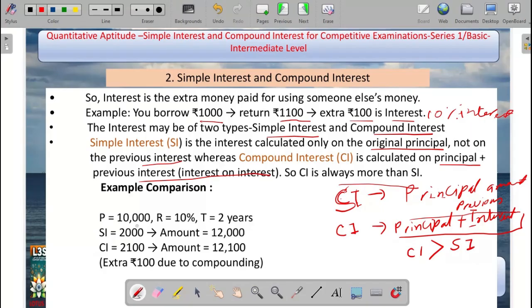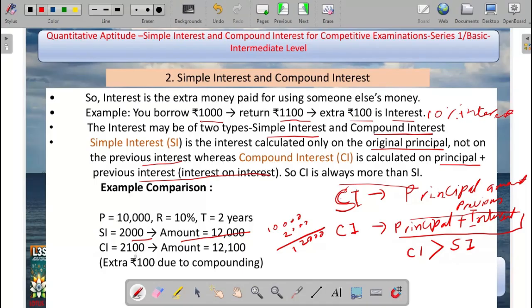Example: say 10,000 rupees principal amount, at 10% for 2 years. The simple interest will be, what is 10% of 10,000? This is 1,000 per year, so for 2 years, 1,000 into 2, it will be 2,000 additional, and the total amount will be 10,000 plus 2,000, that is 12,000.